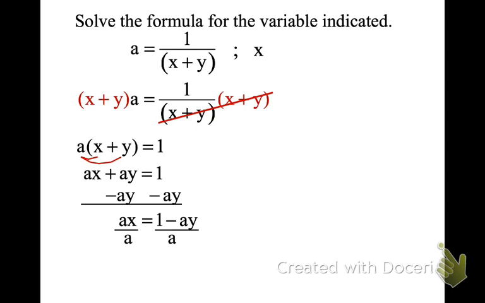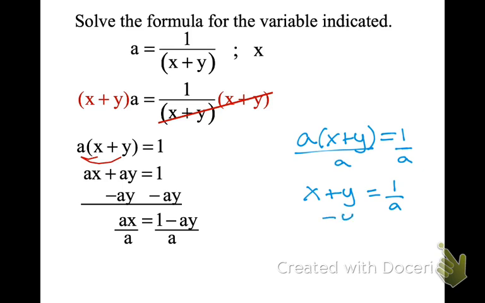So wait, let me compare my way. Okay, so I did this. I did a times x plus y equals 1. So then I divided by a, x plus y equals 1 over a, subtract y, x equals 1 over a minus y.